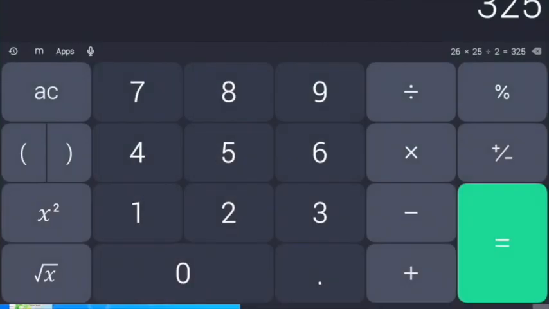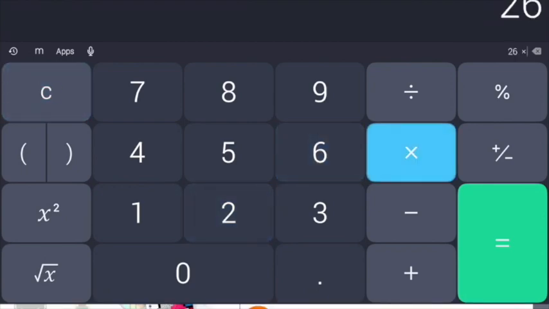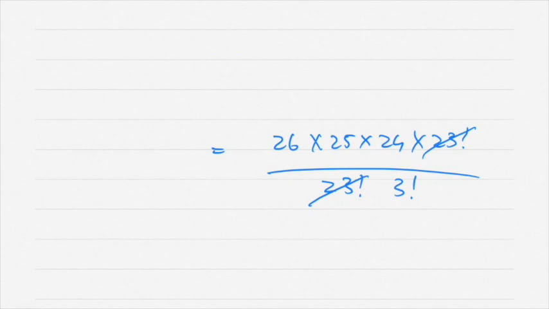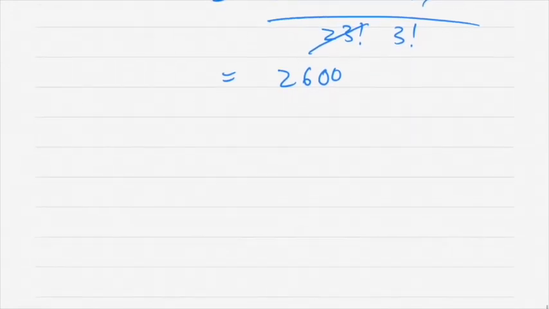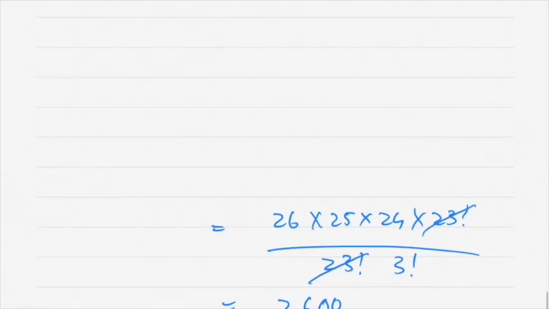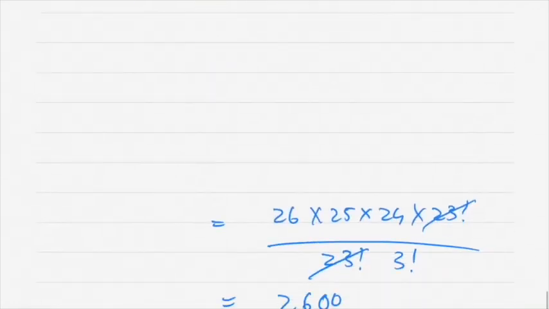So 26 into 25 into 24 divided by 6 is 2600.